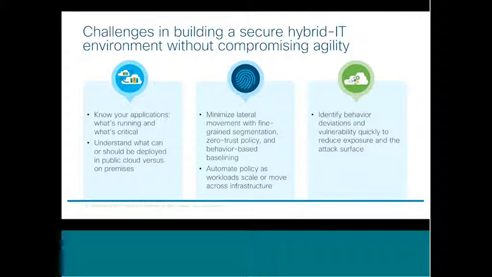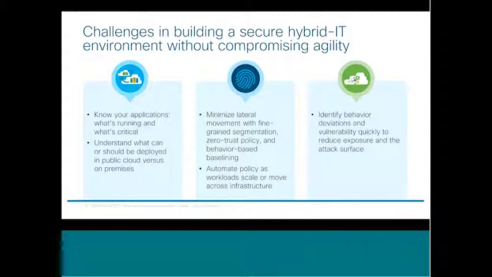That type of model doesn't work anymore, as we have seen with all the security incidents that have happened over the last few years. So customers have to get to a segmentation model. It can be micro-segmentation, it can be any segmentation. They need to implement segmentation within the data center using a whitelist-based policy so that they can enable a zero trust model. That is key, and they have to embark on that journey.